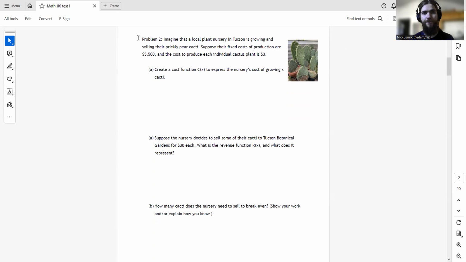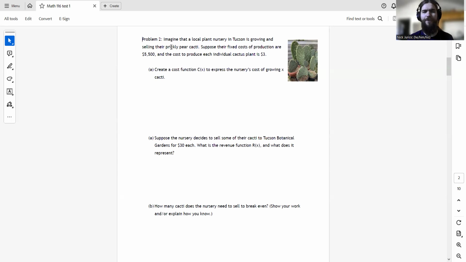This is about a local plant nursery in Tucson. They are selling prickly pear cacti. Imagine that. There are many that do it. For this problem, imagine they have some costs of production, and the fixed costs are $5,500. Think maybe water, supplies, soil, all that.